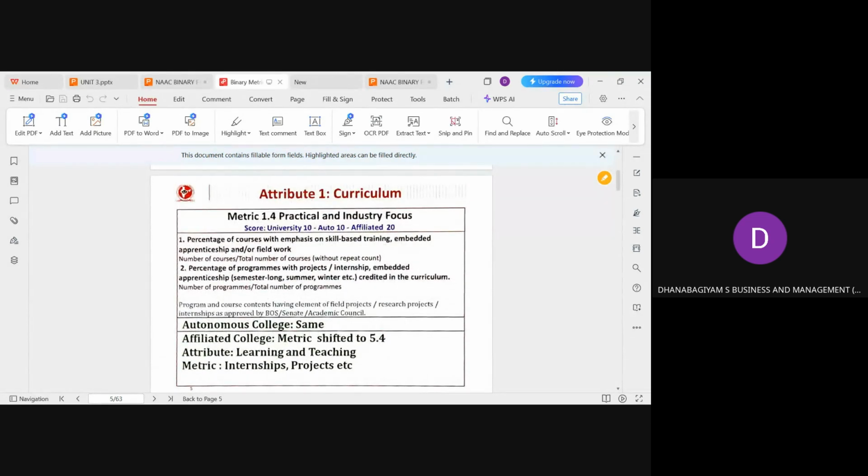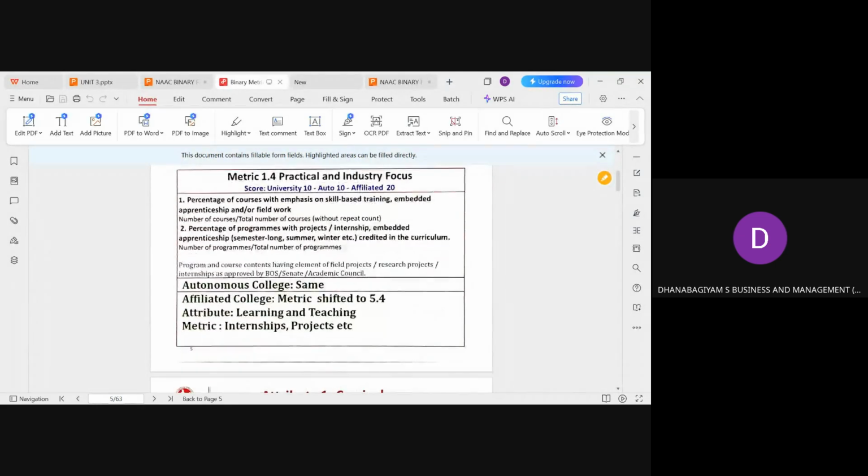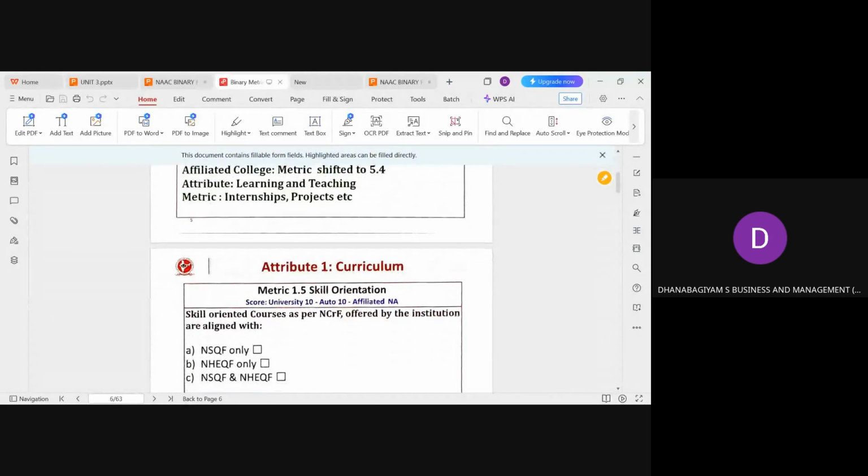It talks about our internship, like we can have even a 2 credit course for internship, and a 2 credit course for a social concern project. So likewise, in summer vacation or in winter vacation, we can have some courses which are more and more relevant to gaining practical knowledge, and which also carry very good weightage for the NAAC.